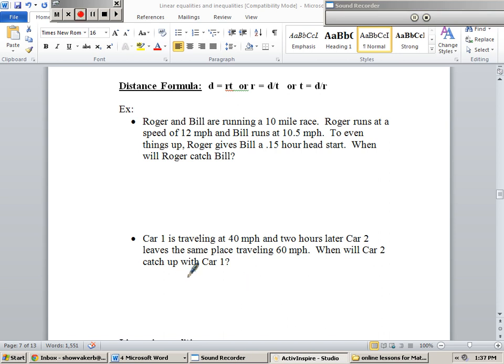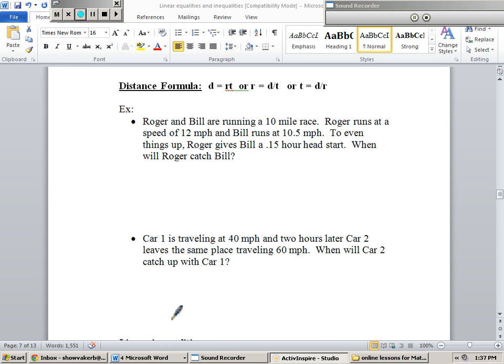And we have car 1 and car 2. Car 1 travels 40 miles per hour, and car 2 has 60 miles per hour. Car 1 has a 2-hour head start, so he has 2 extra hours. Car 2 does not. So I have 40x plus 80 equals 60x.